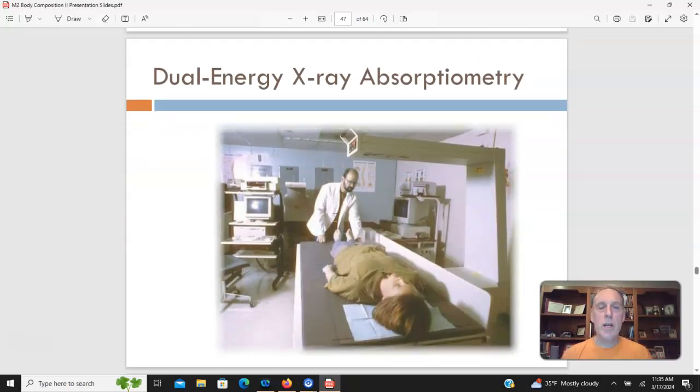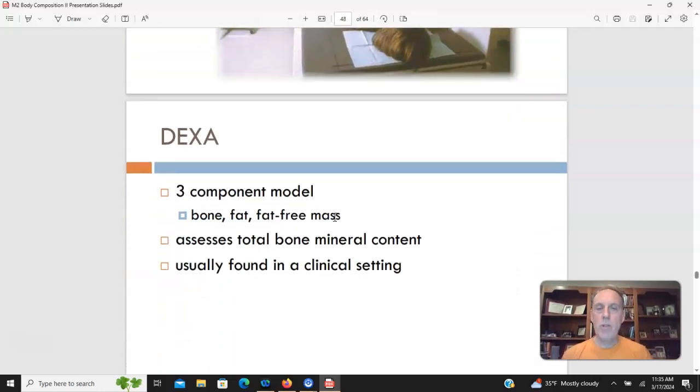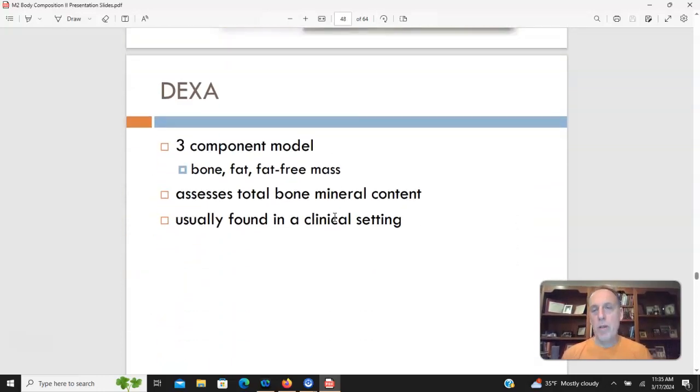Dual energy x-ray, you'll have somebody who will come in, they'll say, look, I have this printout from my doctor, I did a dual energy x-ray. We won't have this in our class, I'm not going to stress you out with knowing too much about it. On the DEXA, you're looking at, as a tool, the 3 main areas it measures are bone, fat, and fat-free mass.